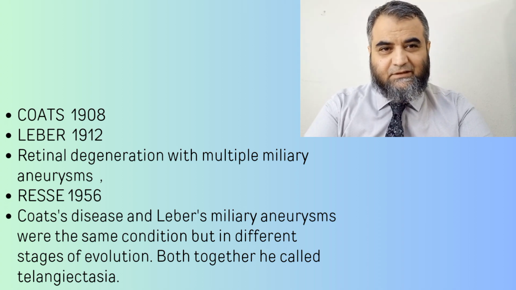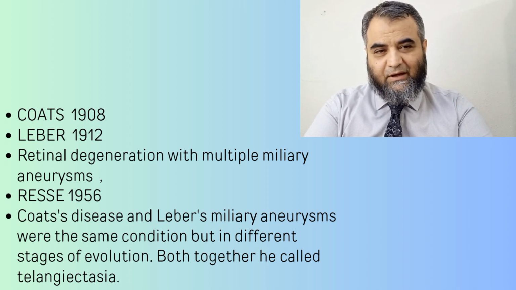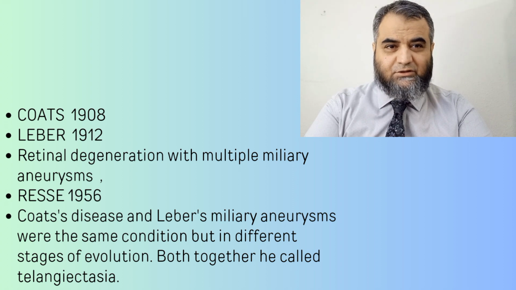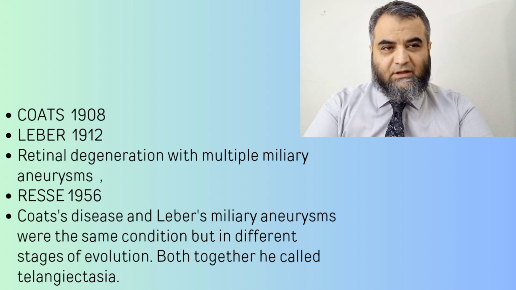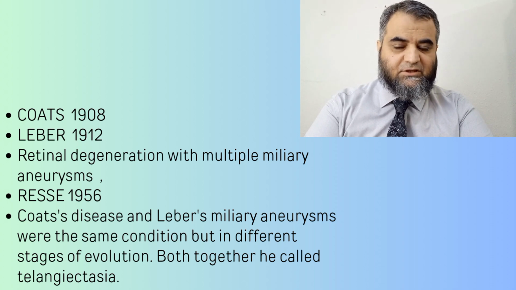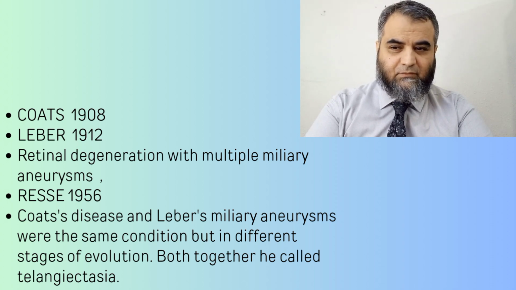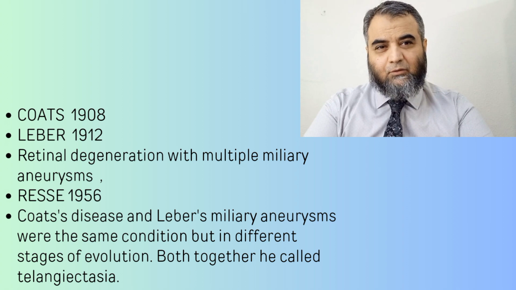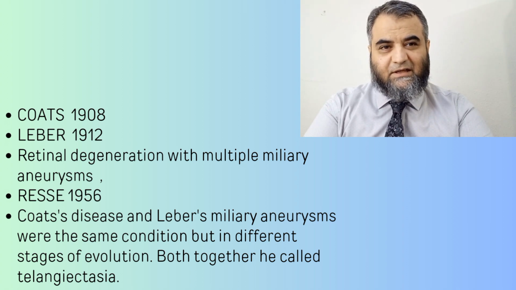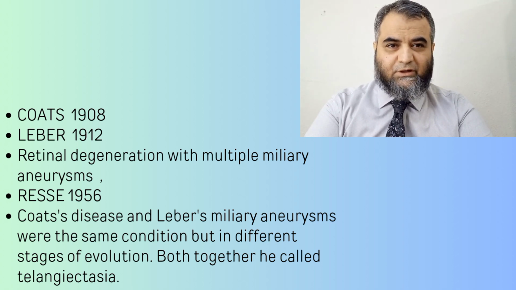It was up till 1956 when Dr. Rees finally came with the idea that Coates disease and Leber's miliary aneurysms were the same condition but in different stages of evolution. And both diseases were named retinal telangiectasia by Dr. Rees.